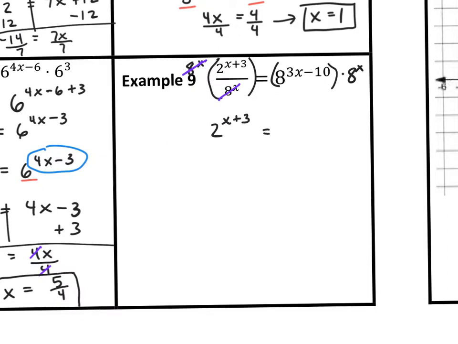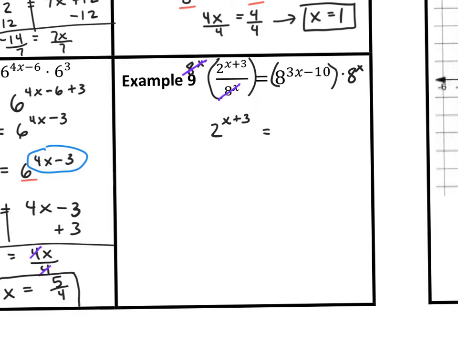equals, now do these two, right, they're going to multiply, but do they have the same base? Do they both have a base of 8? Yes, right? And again, using the rule of exponents, this is the product rule. If I'm multiplying two exponents with the same base, their exponents actually add.